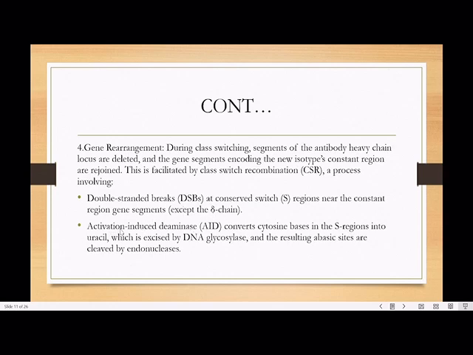We have activation-induced cytidine deaminase, which converts the cytosine bases in the S region into uracil, which is excised by the DNA glycosylase, and the resulting abasic site is cleaved by the endonuclease.